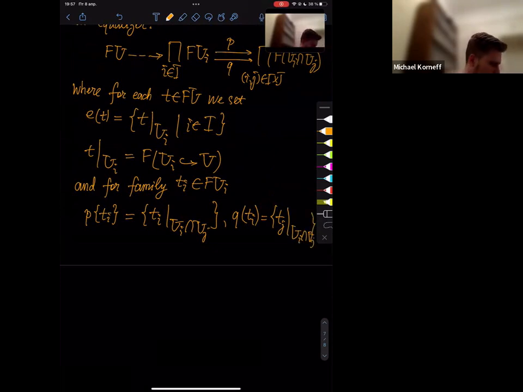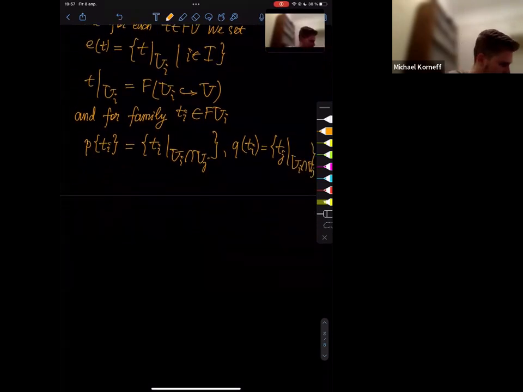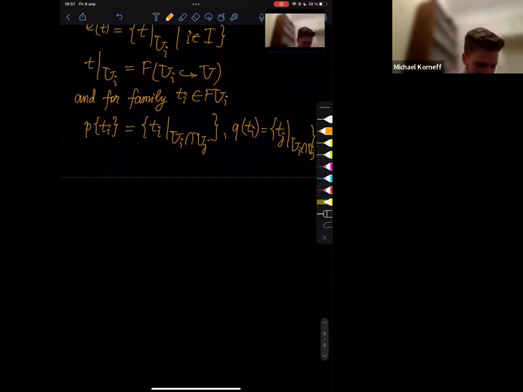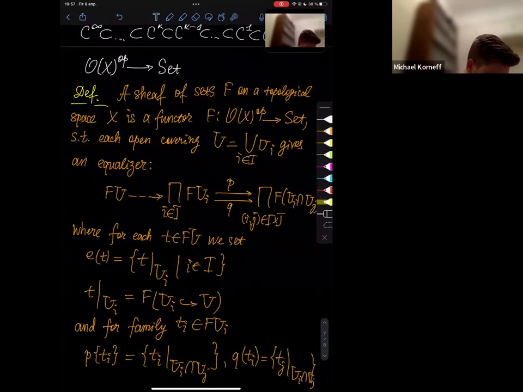Okay, and this was a definition, and of course we can change this category of sets, and we can write the other category, for any category. It makes sense.